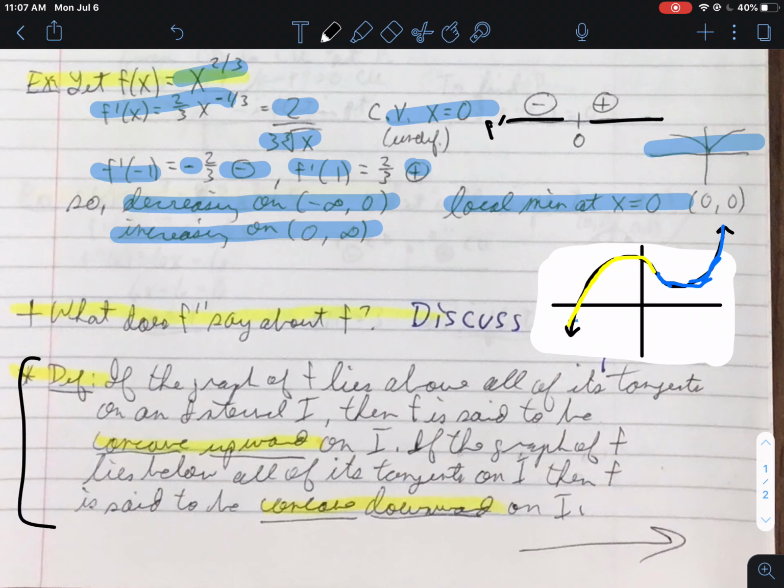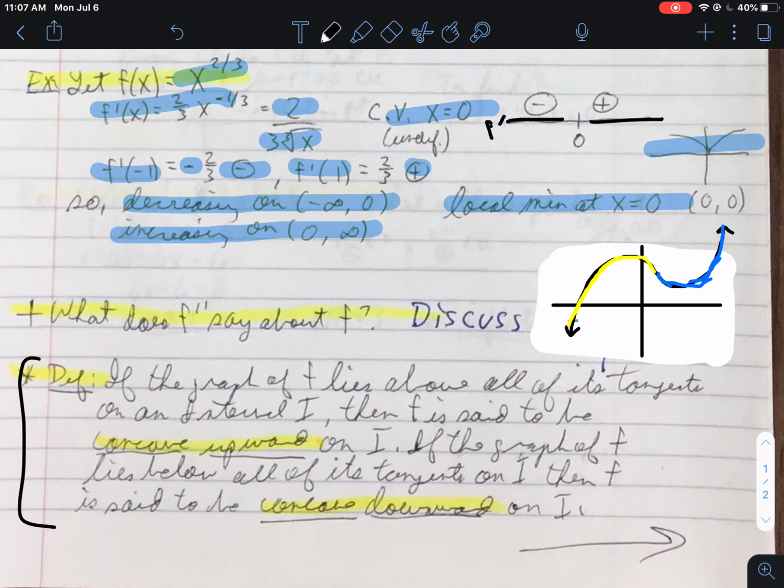Our definition says that if the graph of a function f lies above all of its tangents on an interval, then f is said to be concave upward or concave up on that interval.